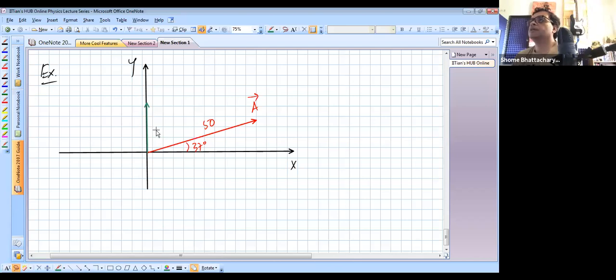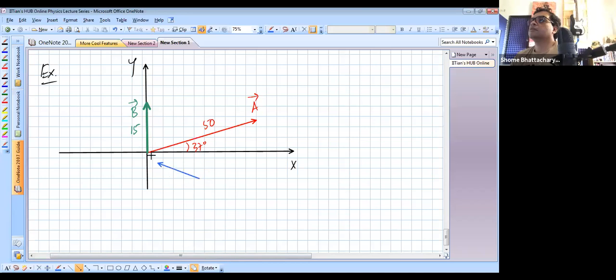Let me try and make vector B a little bit more clear. So vector B now, let us say, is like this, and it has a magnitude of whatever, let's say 15. And vector C, let us draw it in somewhat more arbitrary manner.